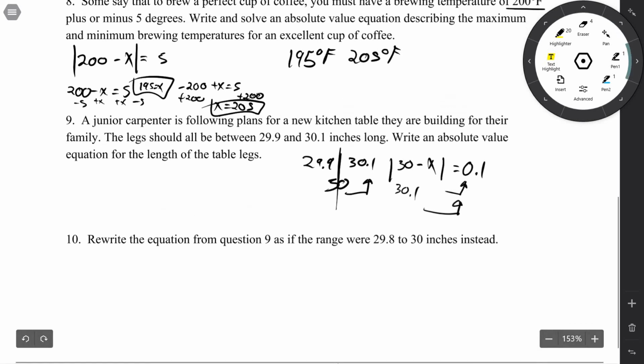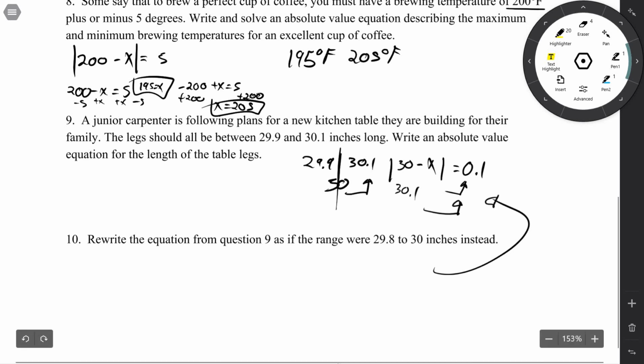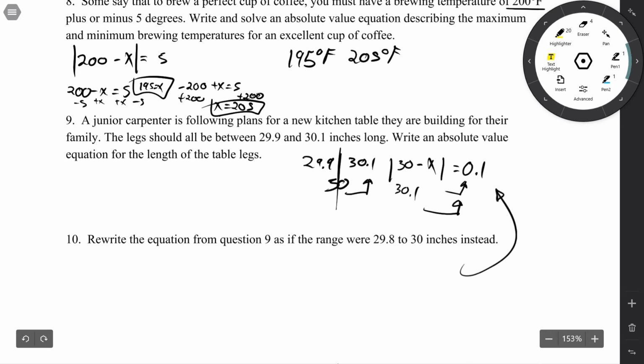For this next one, if we were to rewrite the equation from question 9, the one we just came up with, but for the range of 29.8 and 30, what would we have to change? The maximum difference, the maximum margin of error, being this 0.1, would not change. So we would want to rewrite this number right here, but what number do we pick? We would have to pick the number between 29.8 and 30.